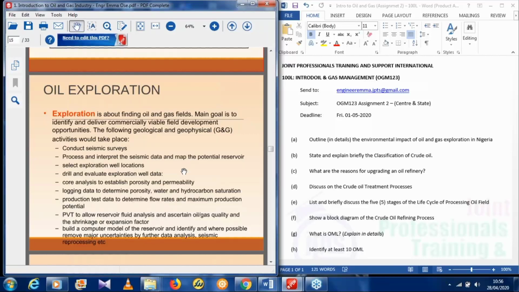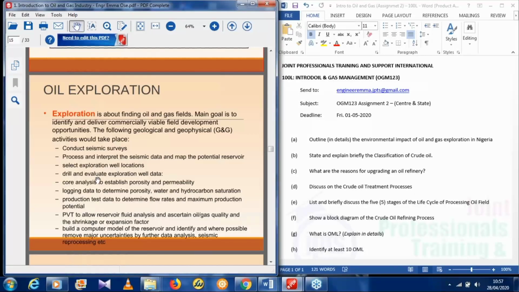We send sound waves and shockwaves, and there is feedback. That feedback is interpreted by the seismic device, which is able to get data and map the potential reservoir.